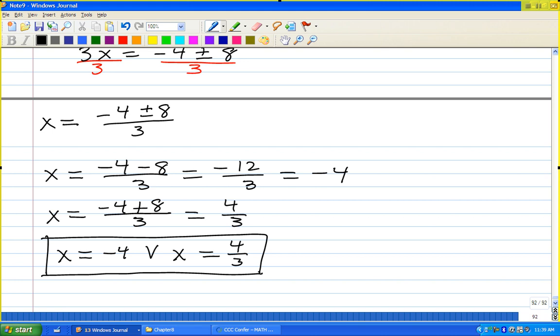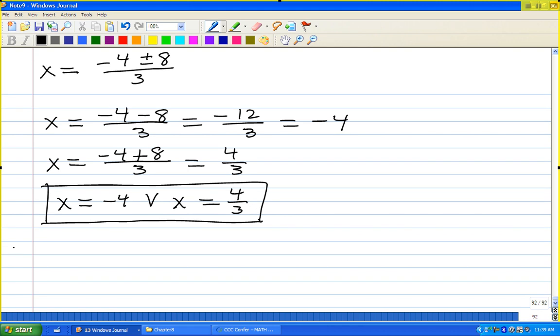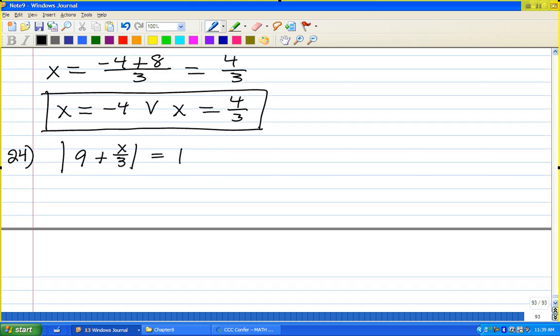Let me do problem number 24. Absolute value of 9 plus x over 3 is equal to 1. So, what's inside the absolute value? 9 plus x over 3 must equal plus or minus 1.